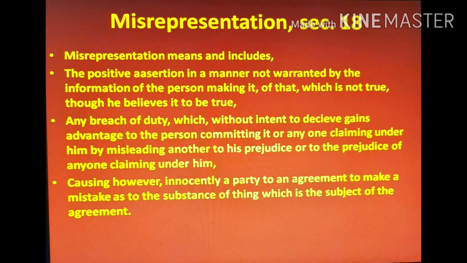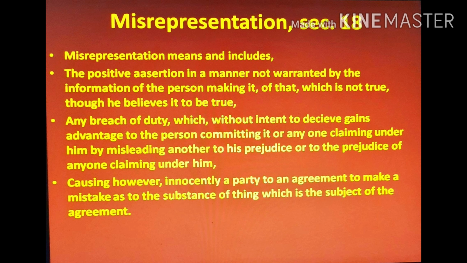Such a person has to prove that it is not fraud, it is misrepresentation. Right? It is not the challenger who has to prove. Here, the onus of proving the misrepresentation is vested in the hands of one who claims that the activity was misrepresentation and not a fraud. Right?